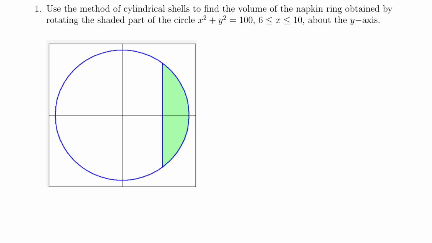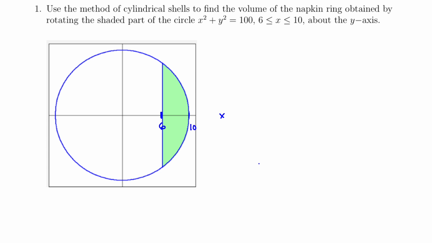This time I want to use the method of cylindrical shells to find the volume of the napkin ring obtained by rotating the shaded part of the circle where x ranges from 6 to 10. That means it's going from 6 to 10 along the x-axis.